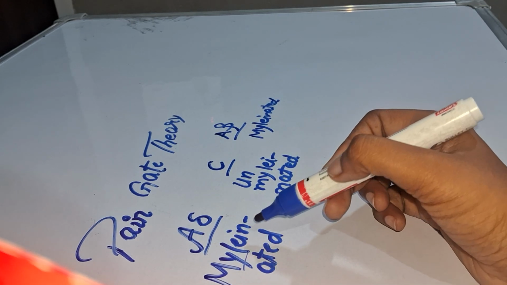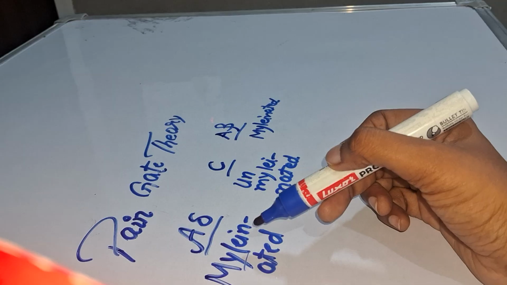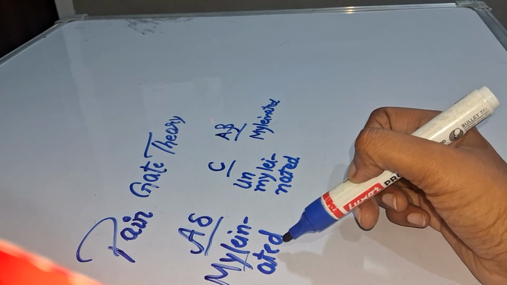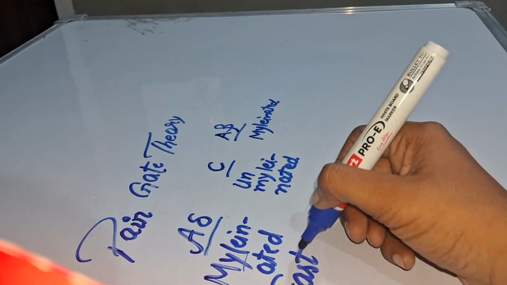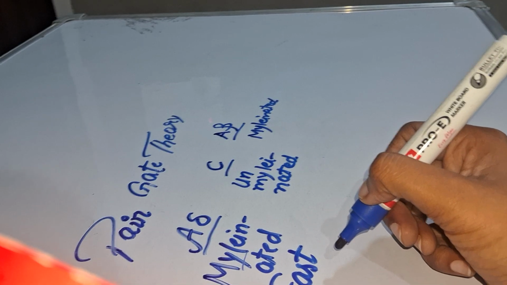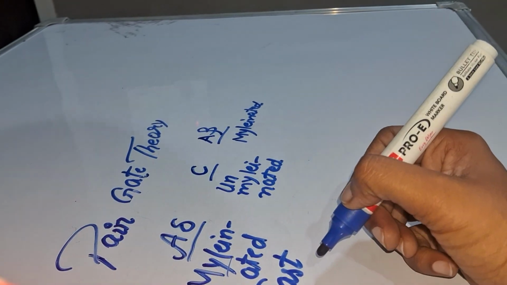A delta and A beta are myelinated, and C fibers are unmyelinated. Clear? Myelinated fibers have the myelin sheath, so they conduct fast. Fast conduction of pain is there because they are myelinated.